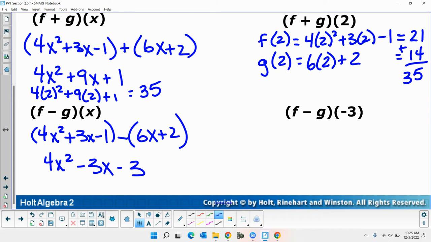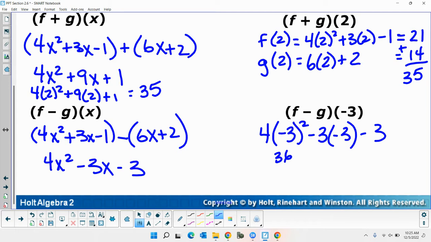Okay, so if you want, you can substitute negative 3 into that subtraction of the 2 functions. Negative 3 squared is positive 9 times 4 is positive 36. Negative 3 times negative 3 is positive 9, which would be 45 minus 3, 42.